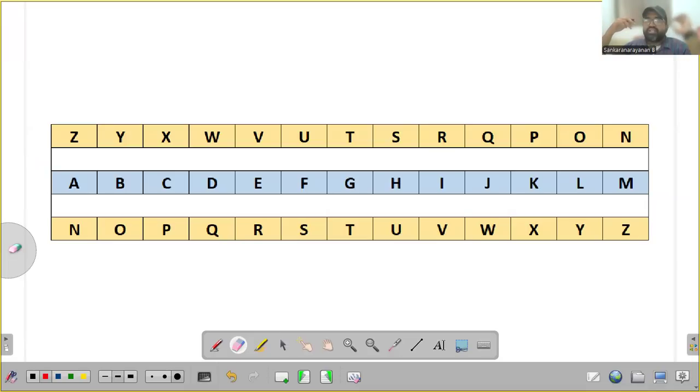The moment you understand the particular logic with which the coding has happened, that will help you answer these types of questions faster. So familiarity with the coding techniques is very important, for which you have to sit and practice multiple types of questions pertaining to coding and decoding.